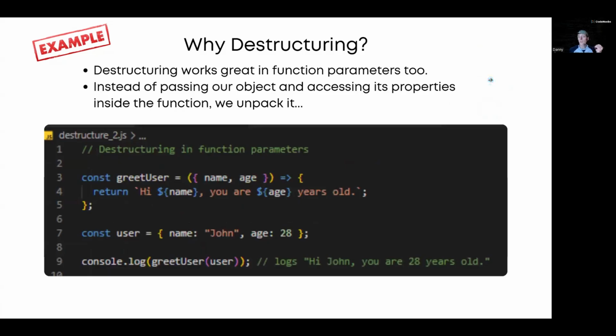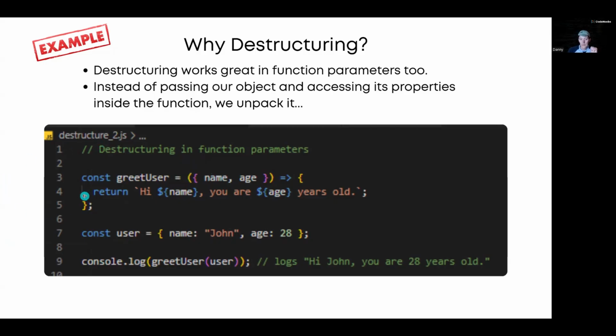It also works great in function parameters. Instead of passing an object and accessing its properties in the function, we can unpack it right in the function parameters. So if you take a look at this example of destructuring in function parameters, on line 3, we have a function greetUser. There are two parameters, name and age, and you see that they're now in curly braces, so they're going to be destructured from an object.